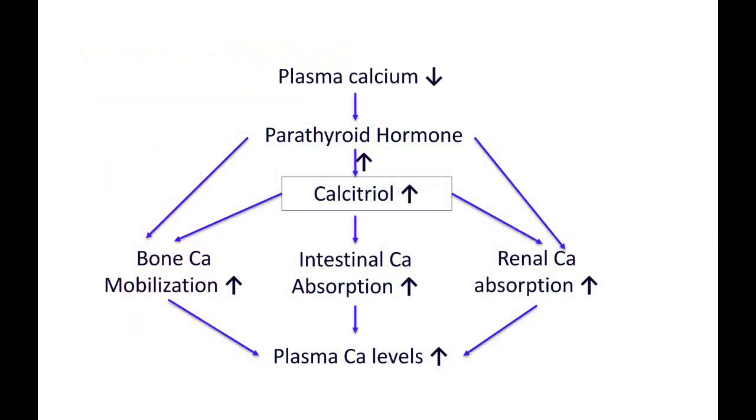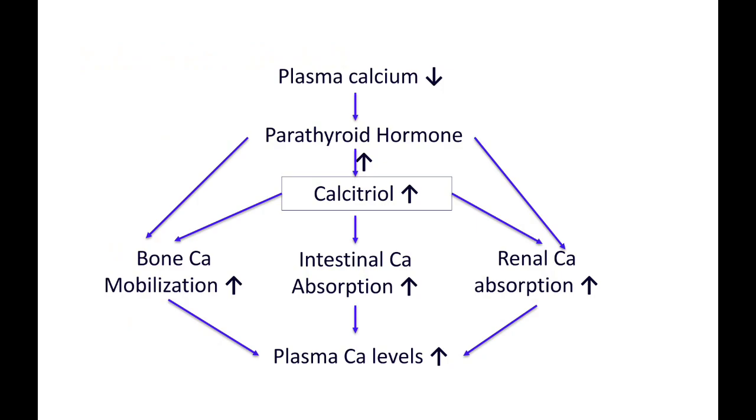Here you can see, whenever the plasma calcium levels are decreased, it stimulates the parathyroid hormone and ultimately increases the activity of calcitriol, that is vitamin D. So vitamin D acts on different organs like bone, intestine and kidney.